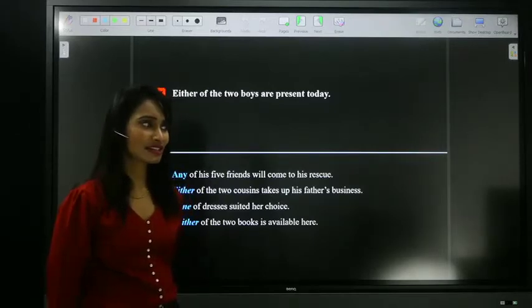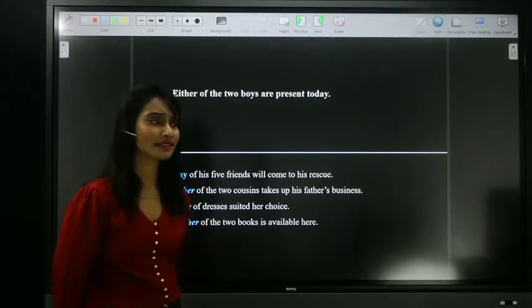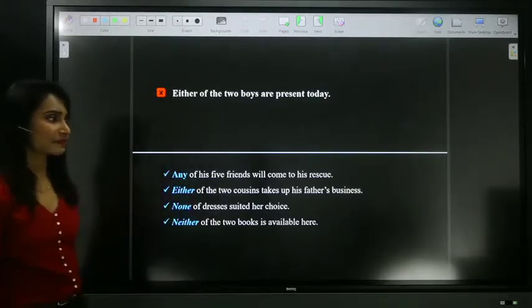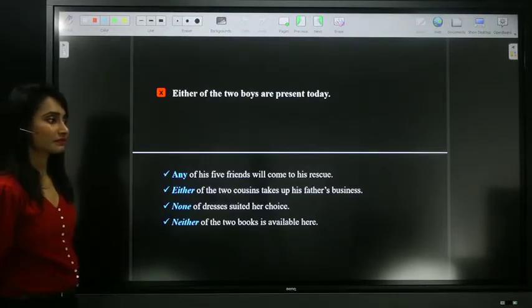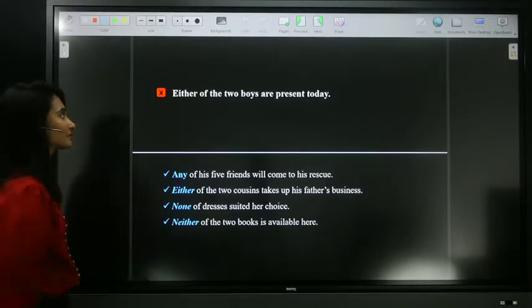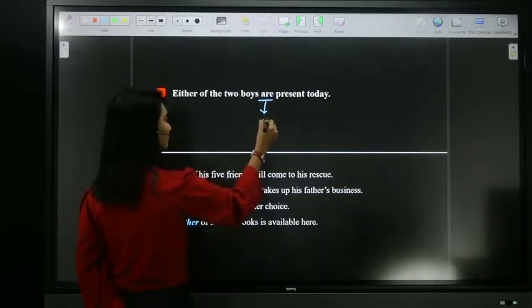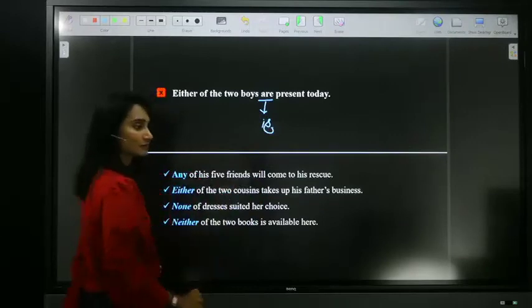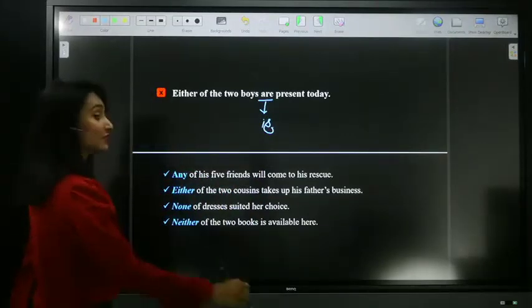So Kartikeyan, your answer is correct. Can you tell me why we require is? Singular. Exactly. You're right, Kartikeyan.